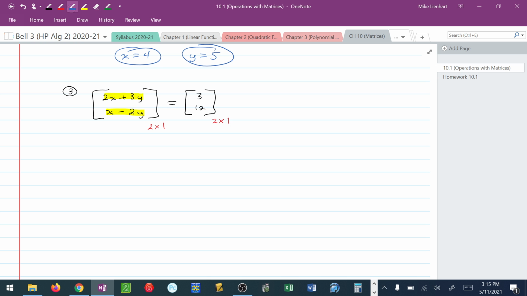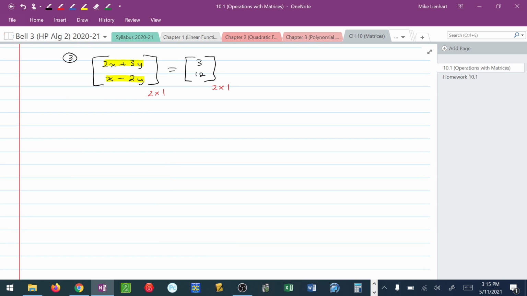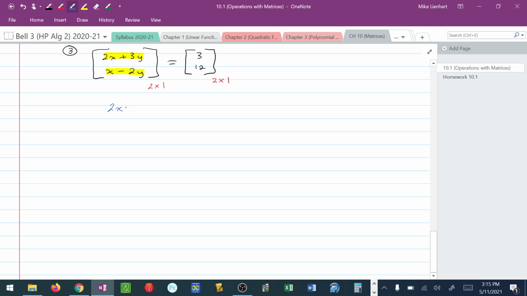So what do I know from this? Well, I know that 2x plus 3y has to equal 3, and x minus 2y has to equal 12. I can still solve, I just now have to remember how to solve a system of equations. The way that I'm going to solve this is I'm going to use elimination.